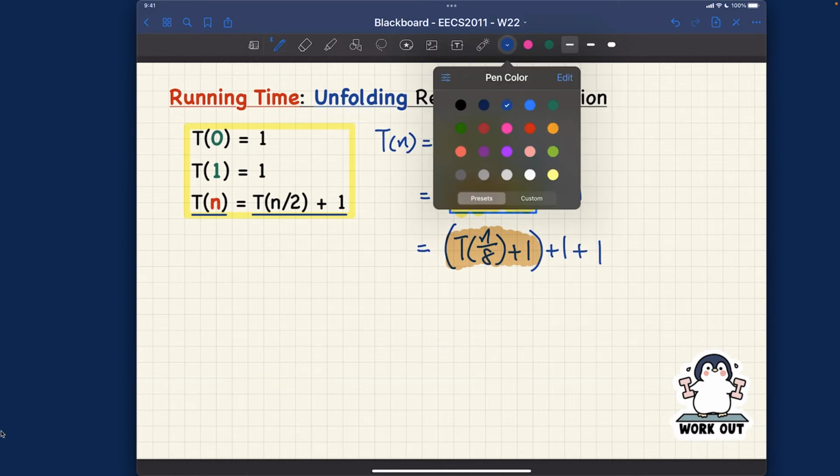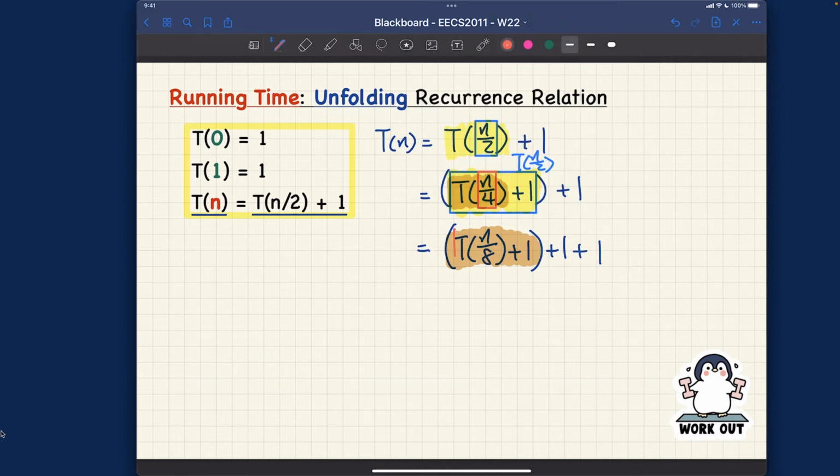And one more annotation over here. You should definitely study the annotation yourself, maybe more carefully. As I'm doing the unfolding, I try to be as detailed as possible. So this part here is really t of n over 4, replace n by n over 4, so that'll be n over 8, which is exactly what we have over here.